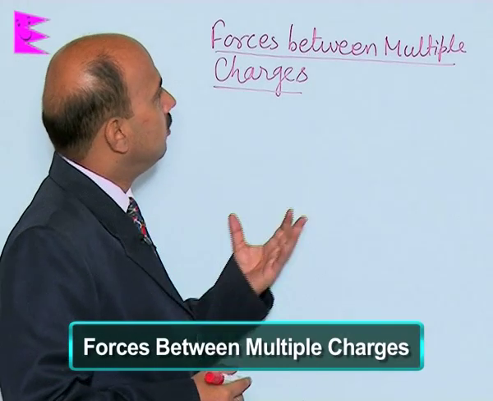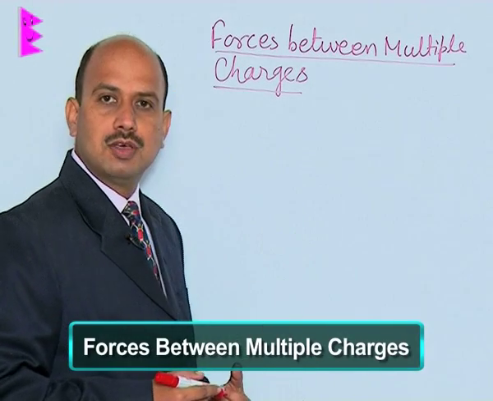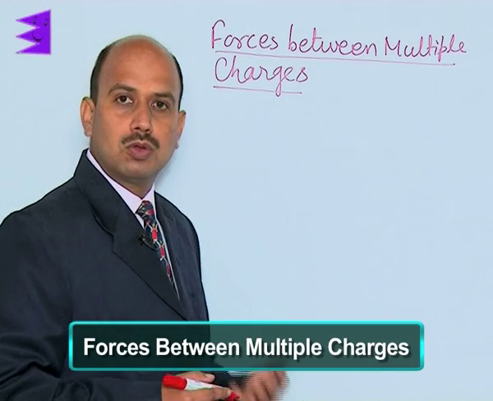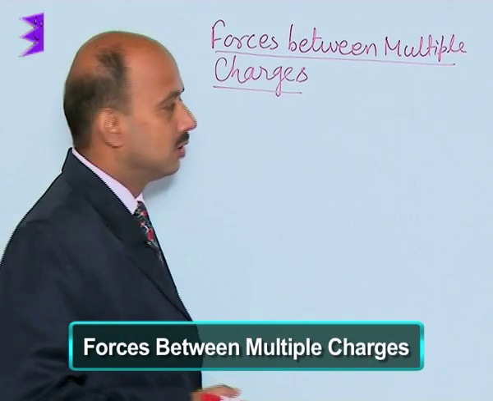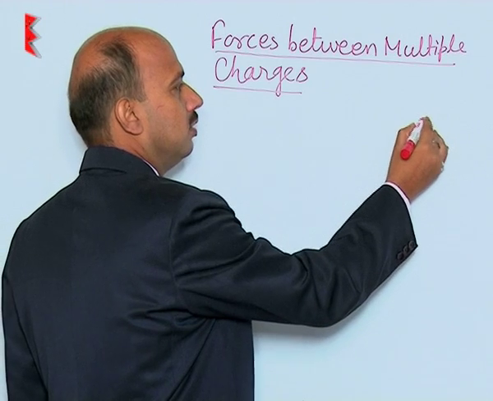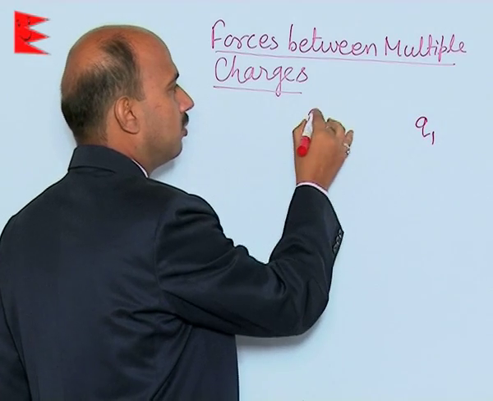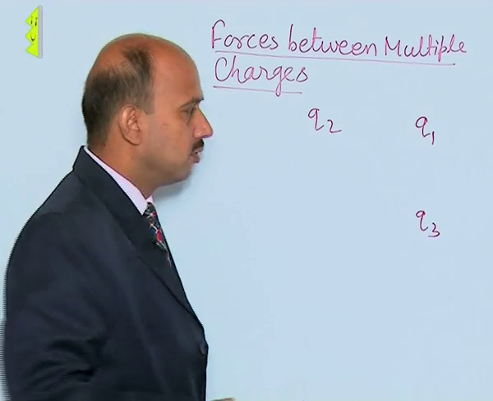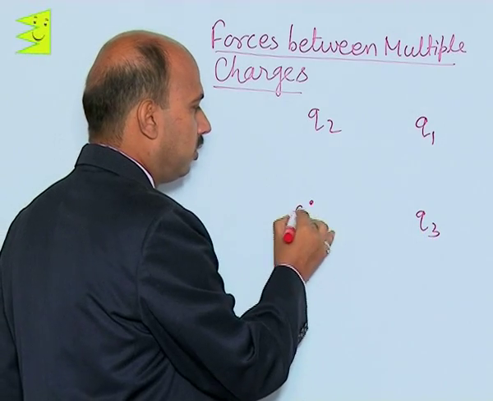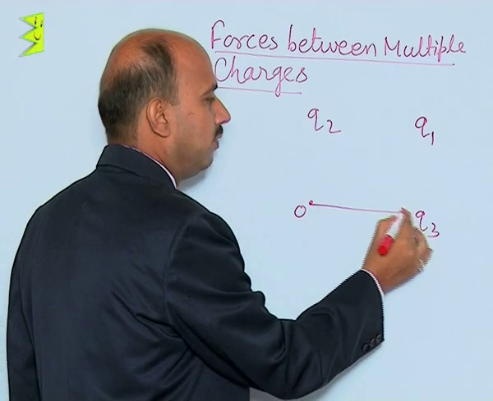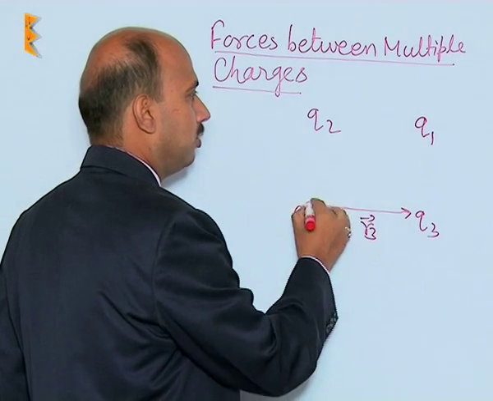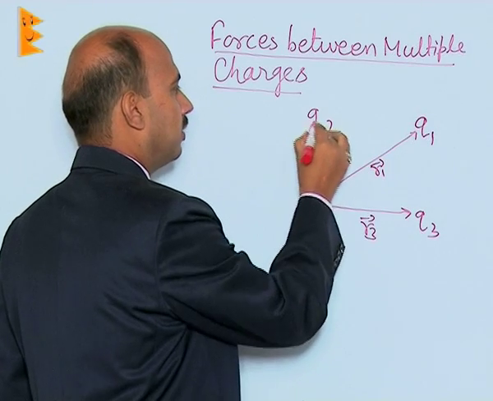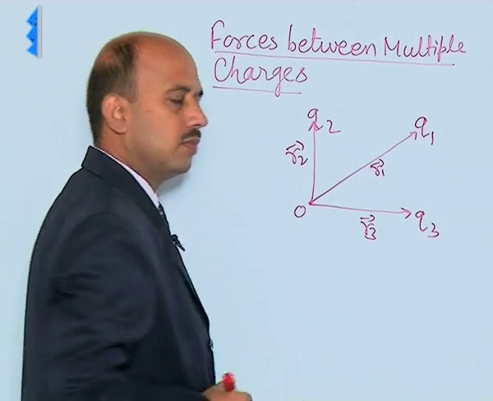Now see forces between multiple charges. If you have more than two charges, then we have to calculate the total force on any one of the charges. Suppose this is q1, here is q2 and here is q3. There are three charges. Suppose this is the origin O, with position vectors r3, r1 and r2.